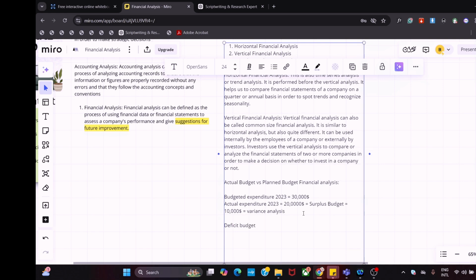So now let's make an example. Let's say we have a planned budgeted revenue for 2023, let's say $50,000, it's $60,000.